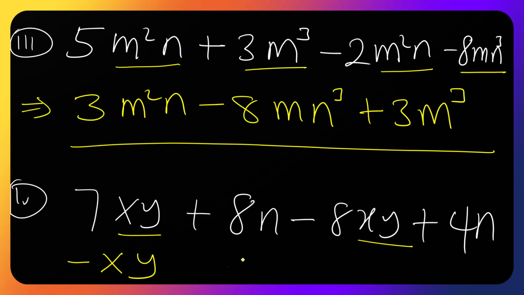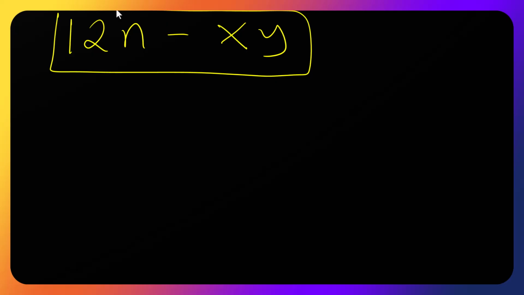Then we have 4n plus 8n. That will be 12n. So plus 12n. Now minus xy plus 12n is the same as 12n minus xy. All right, so this is the answer.